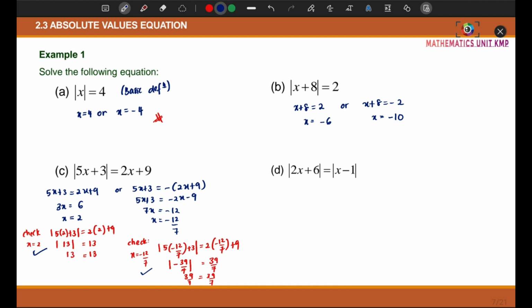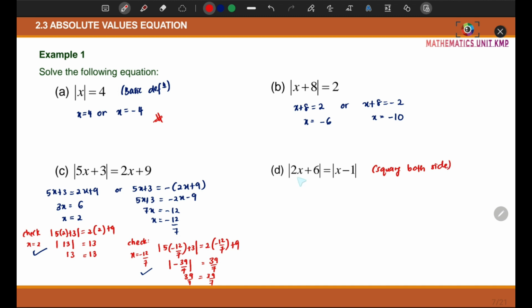Okay, part D, we have absolute value of 2x plus 6 equal to absolute value of x minus 1. So usually, for an equation that has absolute value on both sides, we will use the squaring both sides method.